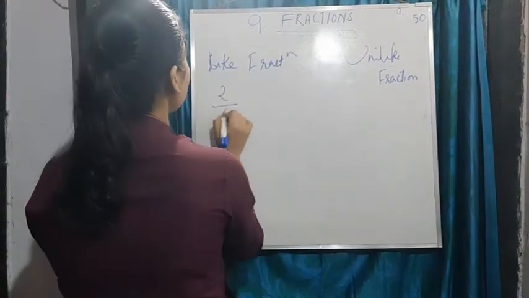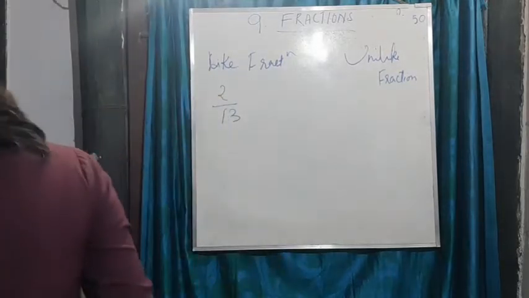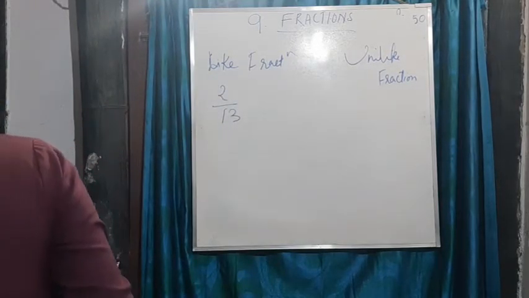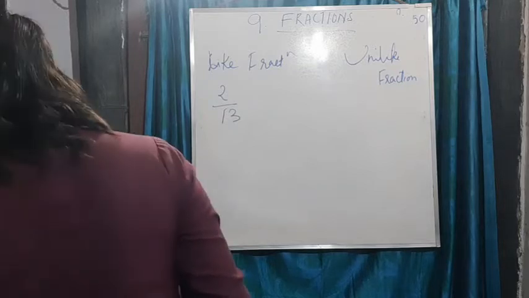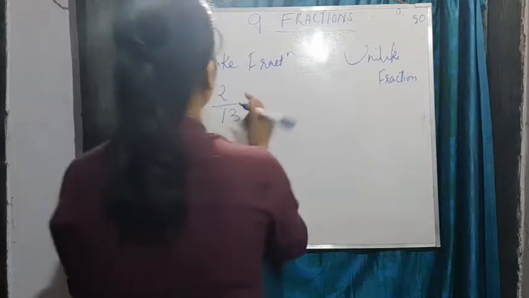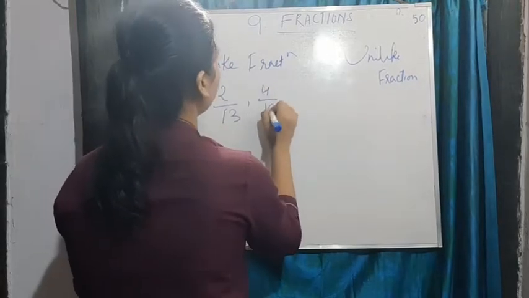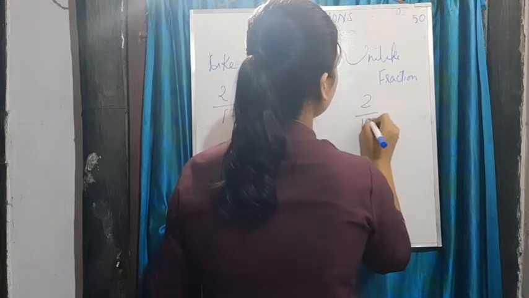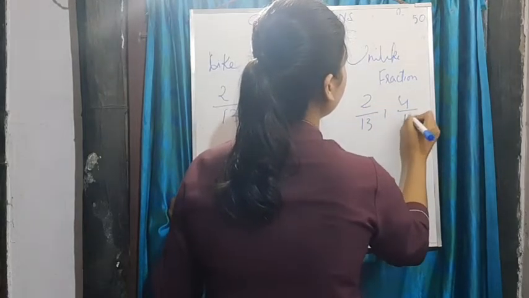Like fraction is 2 by 13, 4 by 13, and unlike fraction is 2 by 13, 4 by 15.